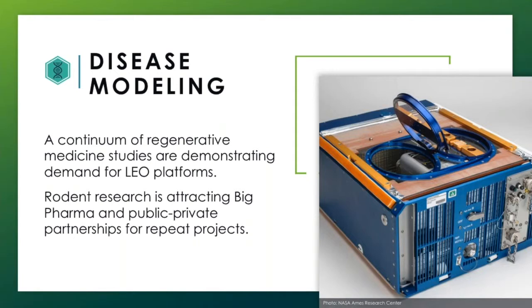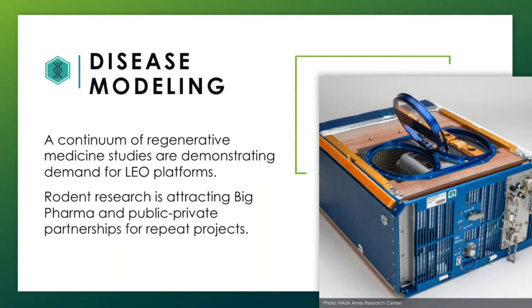So let's just talk about several examples of the rodent research that's done on station. Recently, the Indiana University School of Medicine and the U.S. Department of Defense used mice to evaluate new therapies for fracture healing and bone regeneration. UCLA researchers tested an osteoporosis therapeutic on mice to treat bone loss.